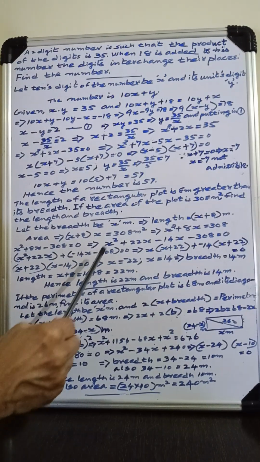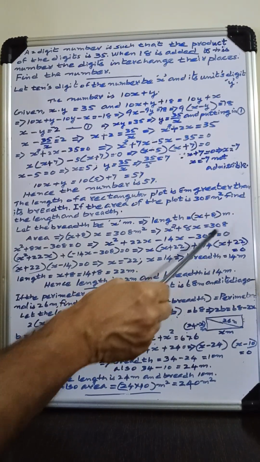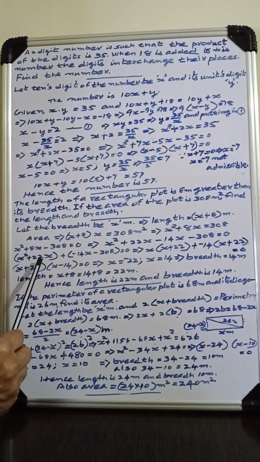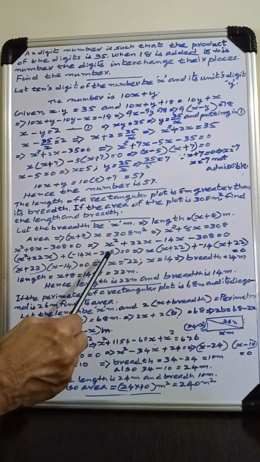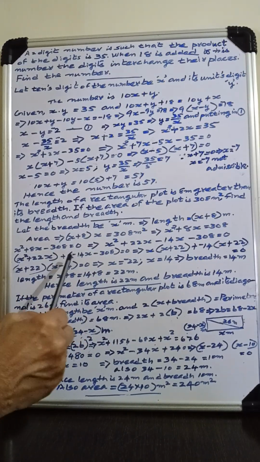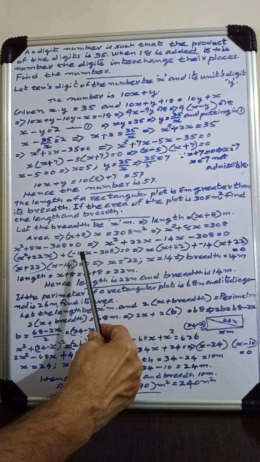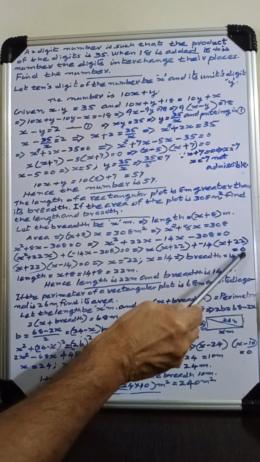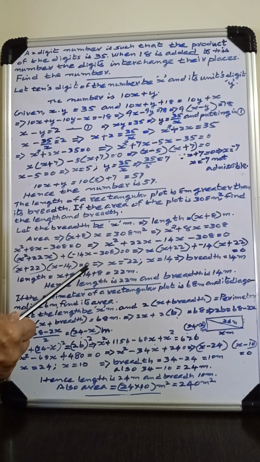When splitting the middle term, x squared plus 22x minus 14x minus 308 equals 0 is formed. x has a common factor, x into x plus 22, minus 14 taken common, minus 14 into x plus 22 equals 0. That is x plus 22 into x minus 14 equals 0.